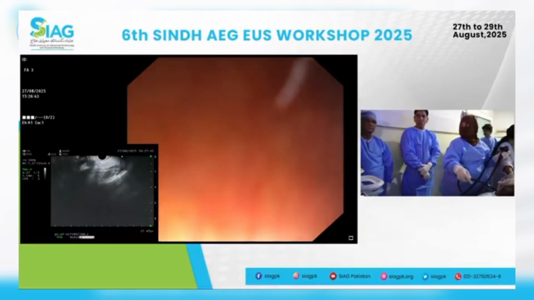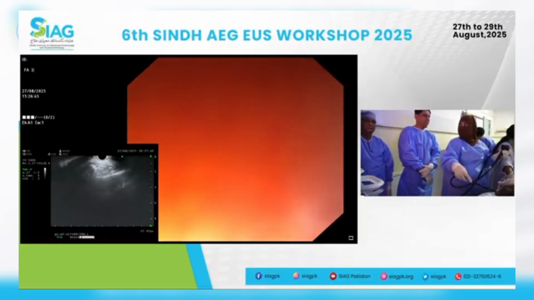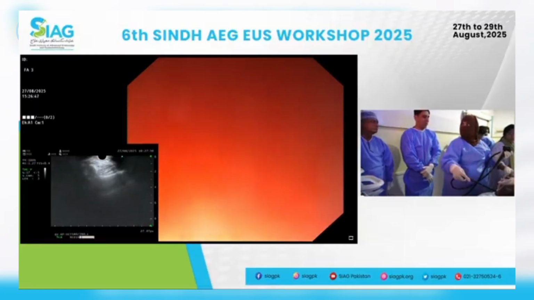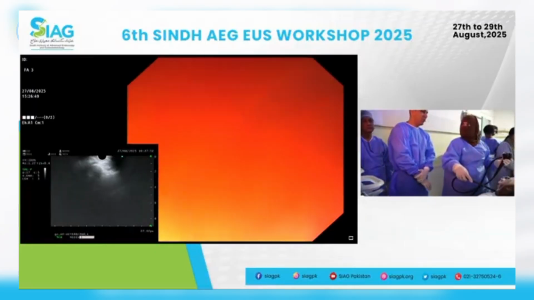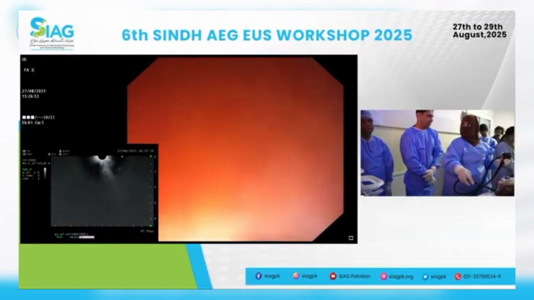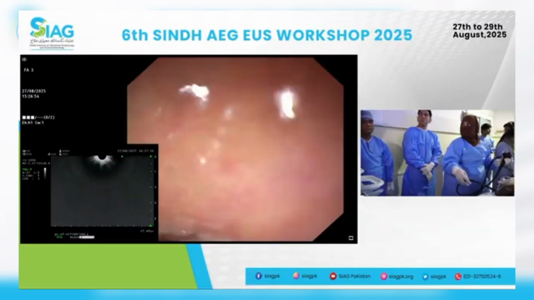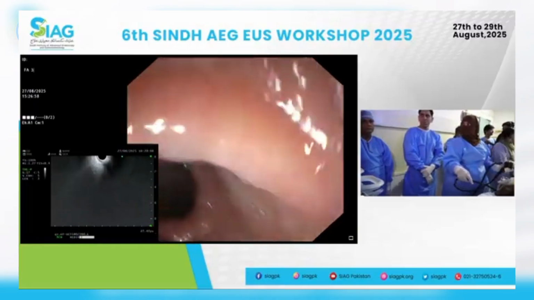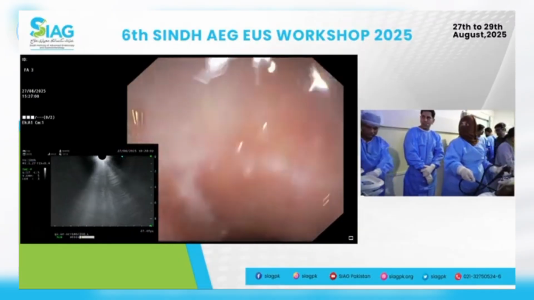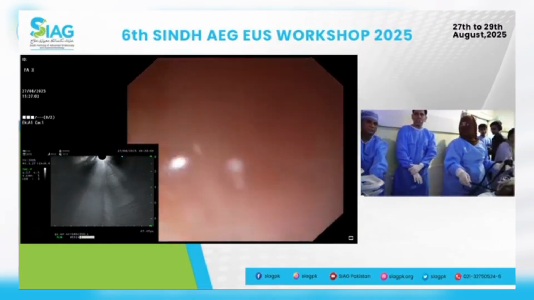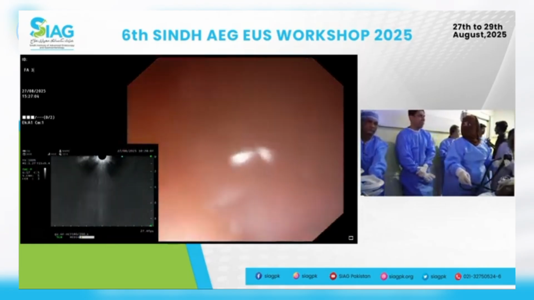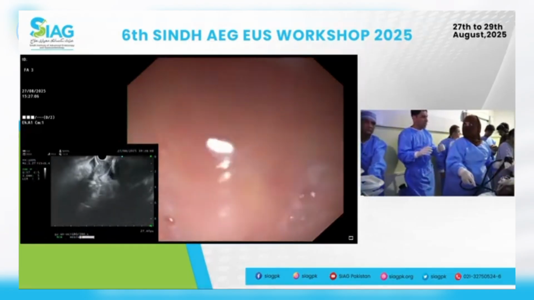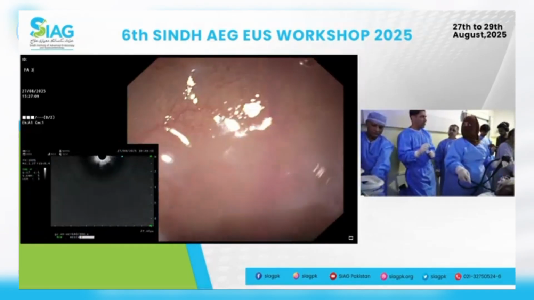Excellent, good. So examination, whether you're doing mediastinum or pancreatobiliary examination, should always start at the GOJ, the gastroesophageal junction. Keep going. Good, excellent. At this stage, you should make a habit of making a mental note of where the GOJ is, even if you're doing diagnostic or therapeutic procedures.